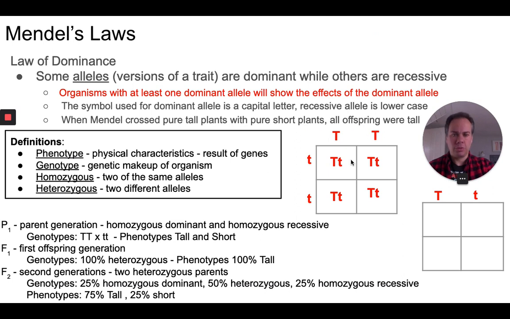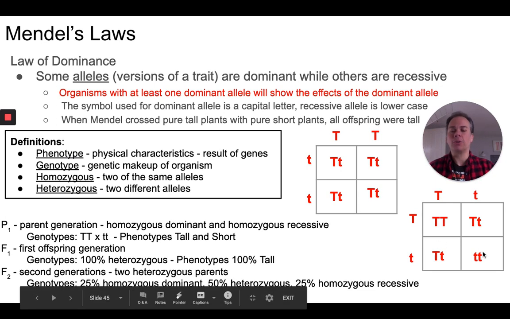So he took two of these heterozygous plants, big T, little t, crossed with big T, little t. And what he found when he completed these test crosses is a consistent ratio. 75% of the offspring were tall, but there were 25% that were short in their phenotype.